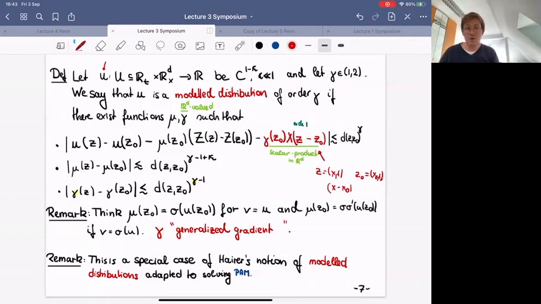And here you only need to put the spatial coordinates because of the different role that time and space play in parabolic counting. One derivative in time would correspond to 2 degrees of regularity, and so you don't need to put the time derivative. And then you, of course, want to put exactly the same kind of continuity condition on this generalized derivative, which is again similar to what we had done yesterday.